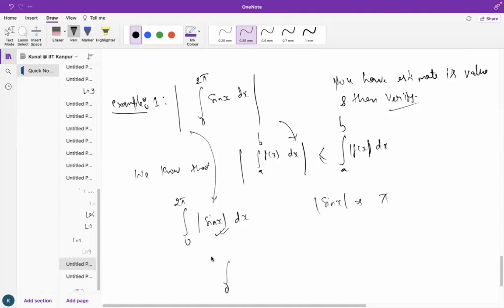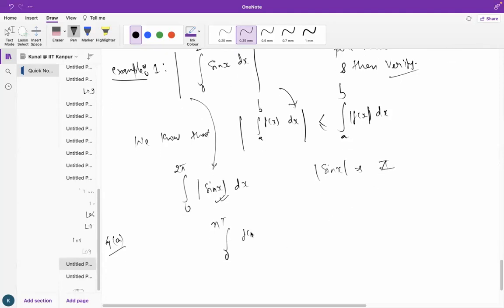We already read this, remember the fourth property, part A, of definite integration. Its period is pi, so we can write this as n times the integral from 0 to pi, so 2 times the integral from 0 to pi of mod sine of x dx.